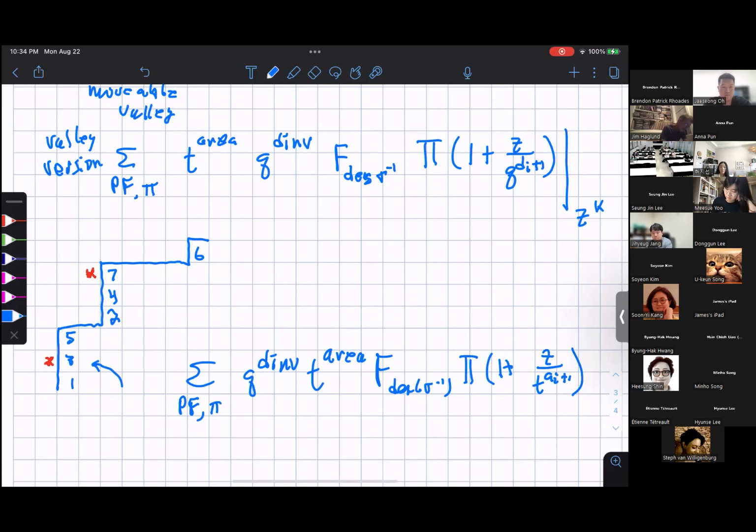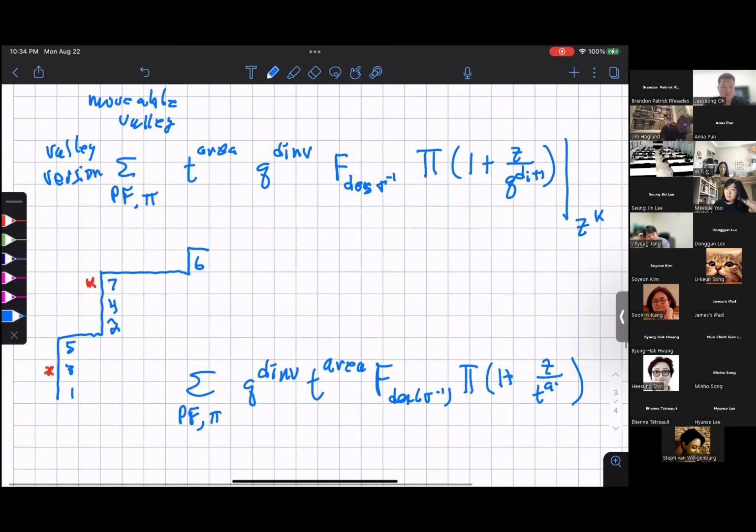A sub i being the value of the a statistic, the number of squares in the marked row.